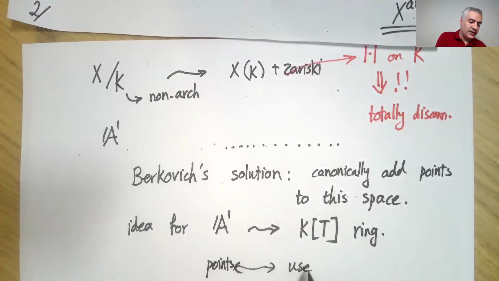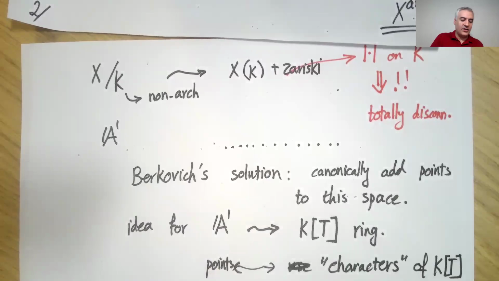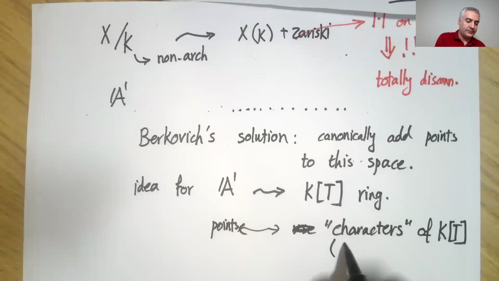Points are supposed to be, I'll put quotation marks, characters of K[T]. Except the word character is not the right thing. The better word is semi-norms.